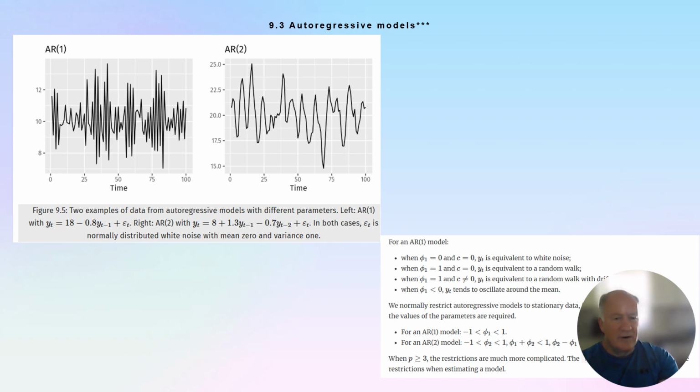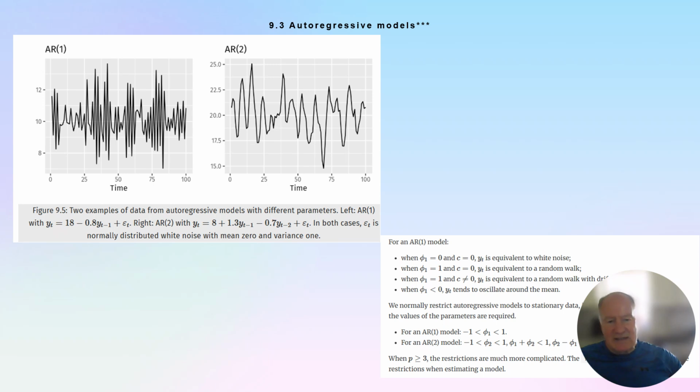For the AR model, if phi1 equals 0 and c equals 0, then y of t is just white noise. If phi1 equals 1 and c equals 0, it's equivalent to a random walk. If phi1 equals 1 and c does not equal 0, it's equivalent to a random walk with drift.